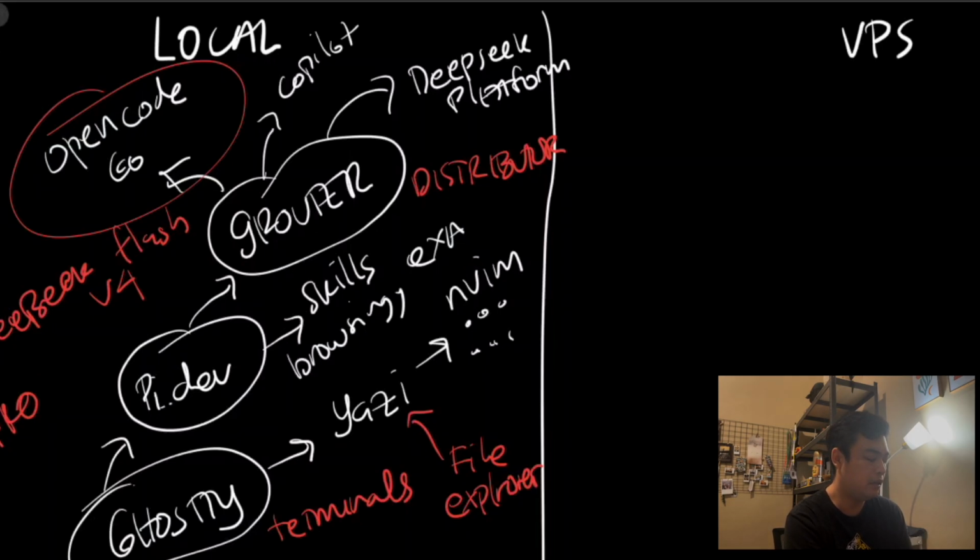And also inside 9router there are some extensions or tools such as Caveman and RTK, something like that.